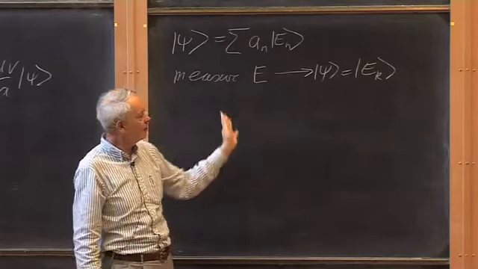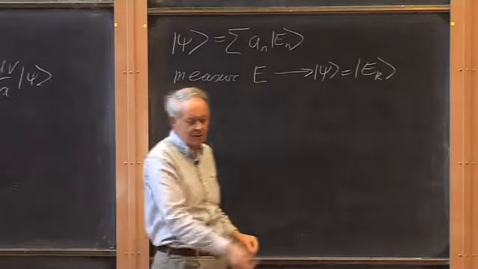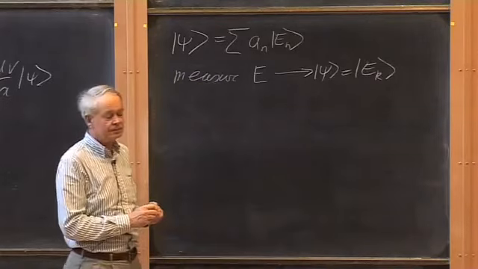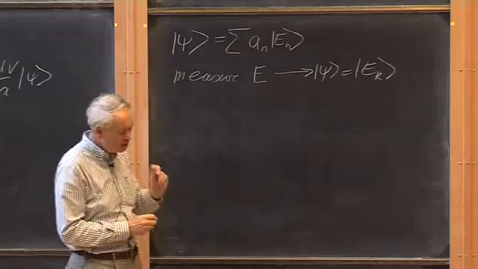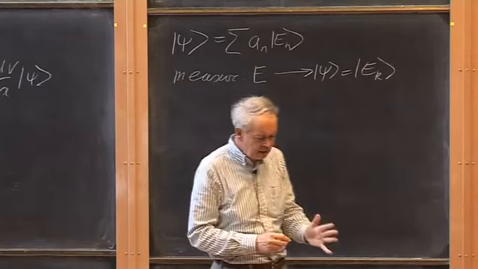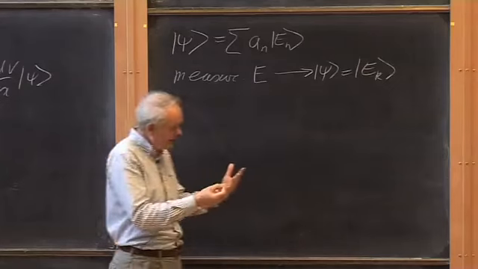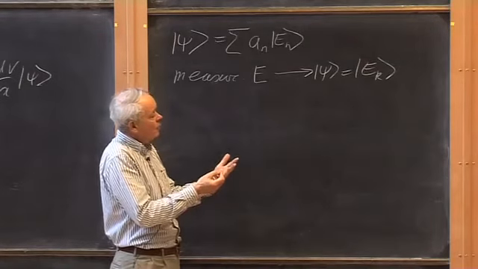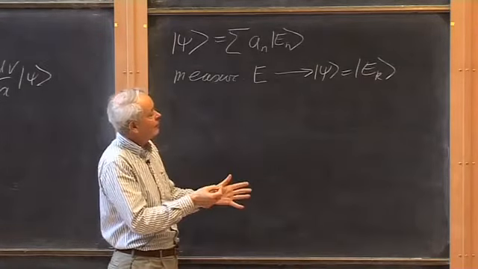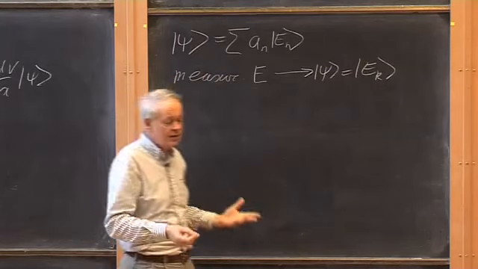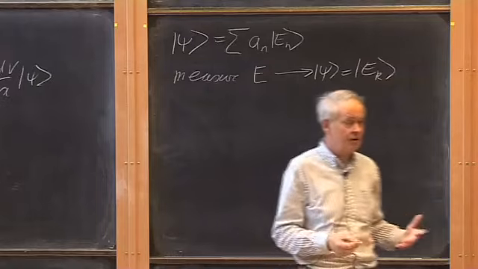The apparatus does not tell us. The roulette wheel is spun, and one of the k's is chosen. If you measure the position, you will find some value, and after you've made that measurement, your wave function will be different. It'll be more or less a delta function associated with that x, not the wave function we're working with here, and the uncertainty on a subsequent measurement of p will be large.